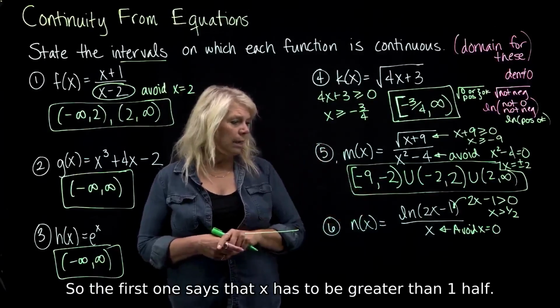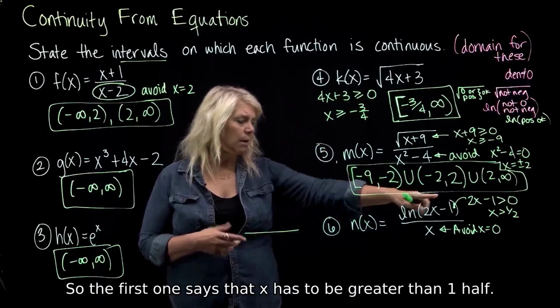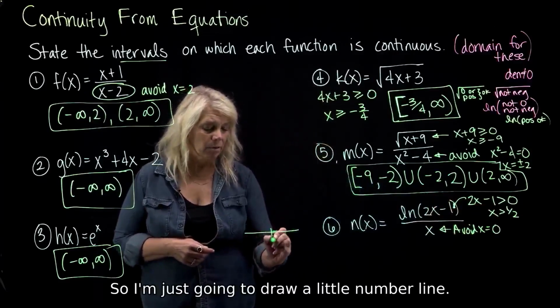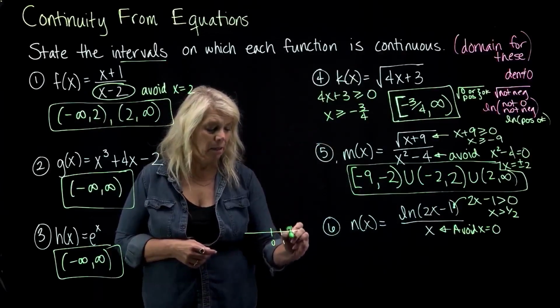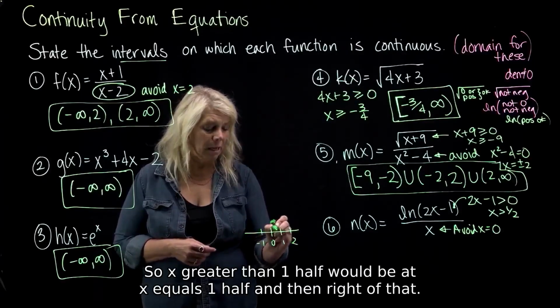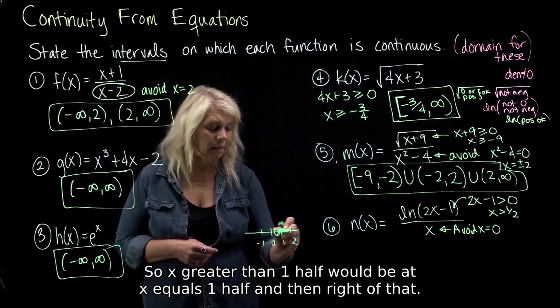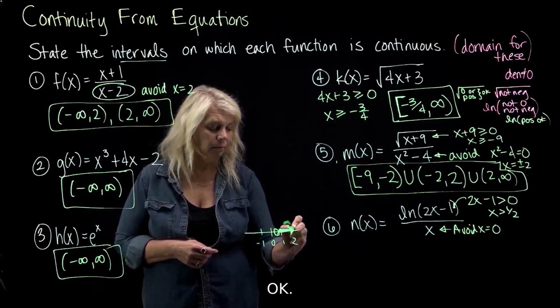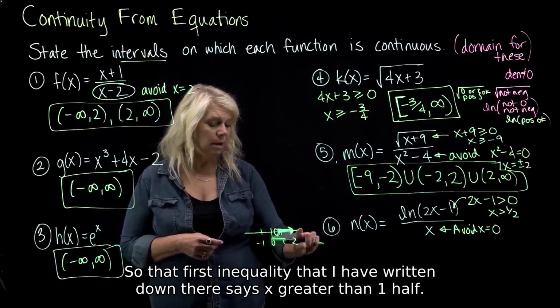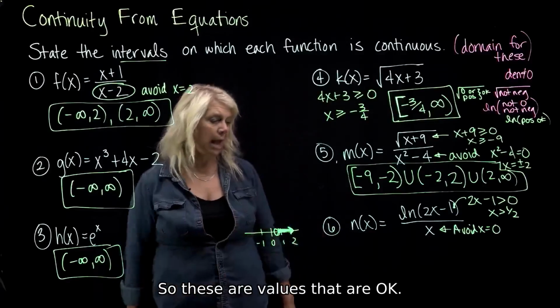So the first one, the one I have on top, says x has to be greater than 1/2. All right, so I'm just going to draw a little number line. So x greater than 1/2 would be at x equals 1/2 and then right of that. Okay, so that first inequality says x greater than 1/2. So these are values that are okay.